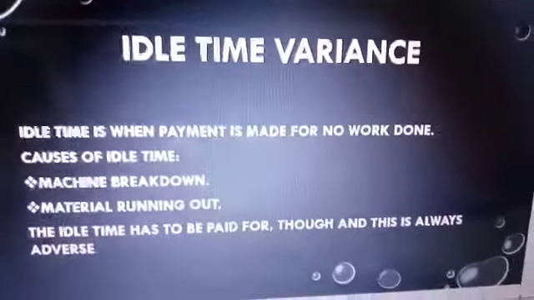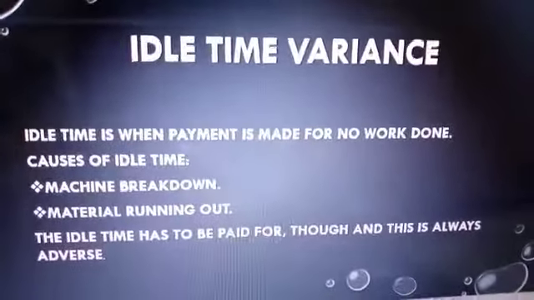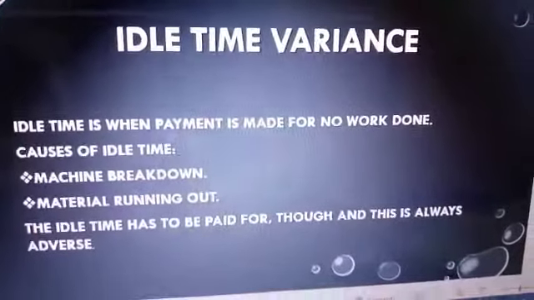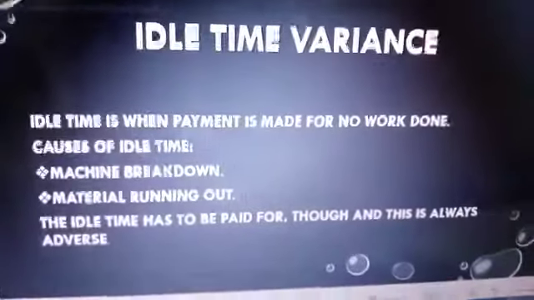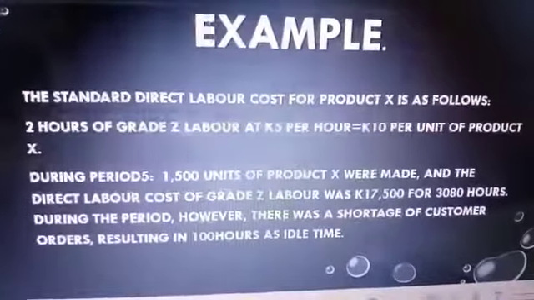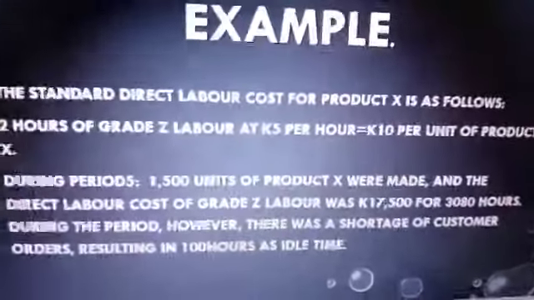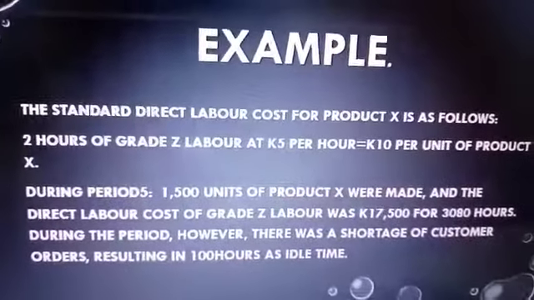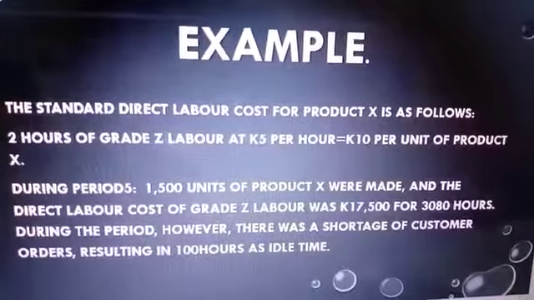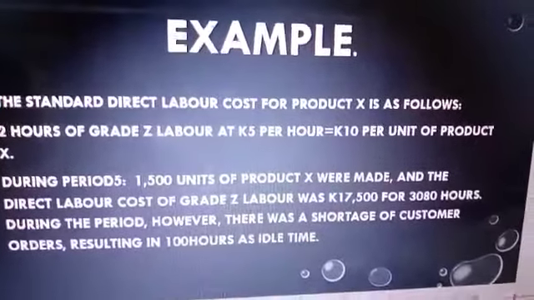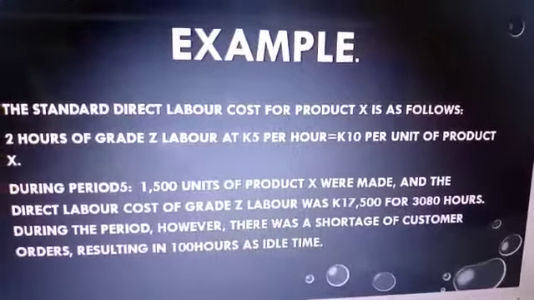Idle time. Idle time is the time when you are doing nothing. Maybe there's a machine breakdown, or there's a problem, or there's a shortage of materials. That is always adverse. When you look at the example, the standard direct labor cost for the product is as follows. You need 2 hours of grade Z labor at 5 kwacha per hour, which will give you 10 kwacha per unit of product.